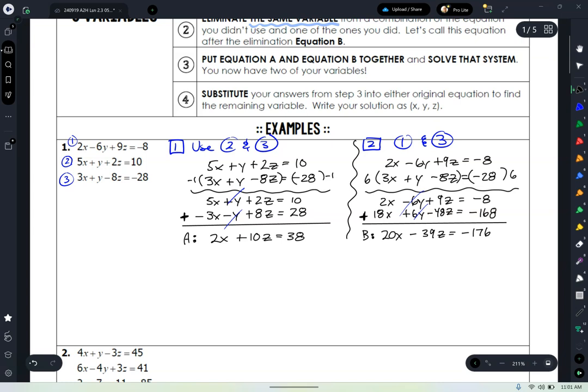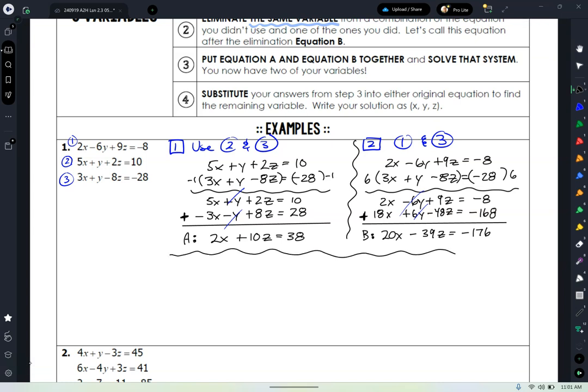Now we're going to do a big, long divider. Step 3 says we're going to take our 2 new equations that we made in step 1 and step 2, set them as a system of equations, and solve for one of the variables.